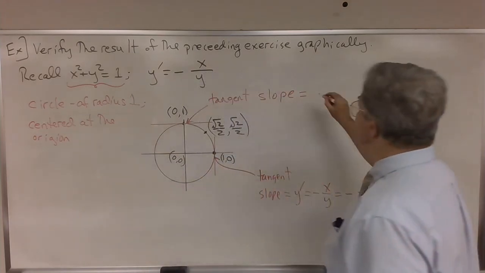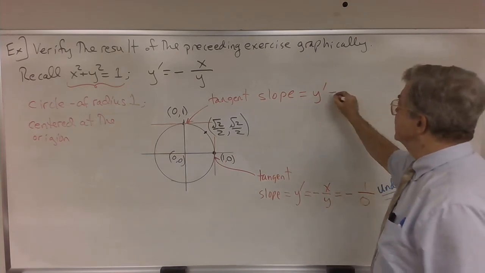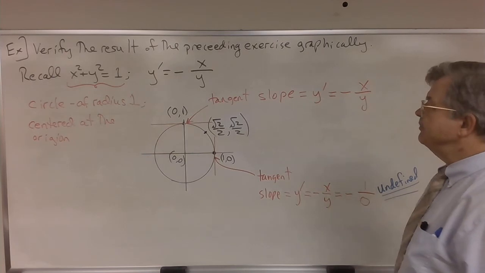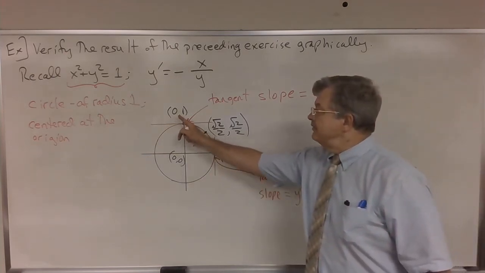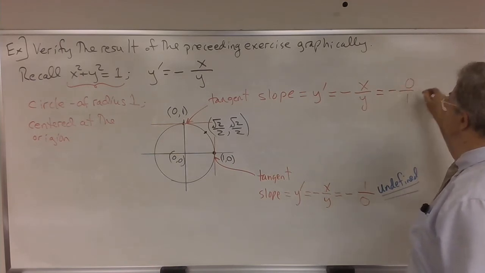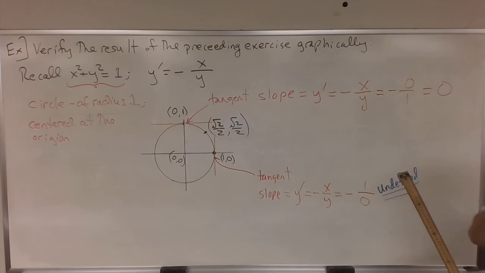And the slope is y prime, which is negative x over y. Well, x is 0, y is 1. The slope is 0.